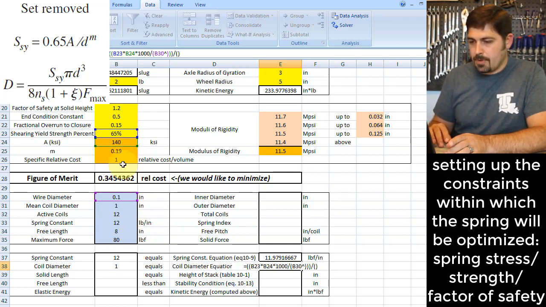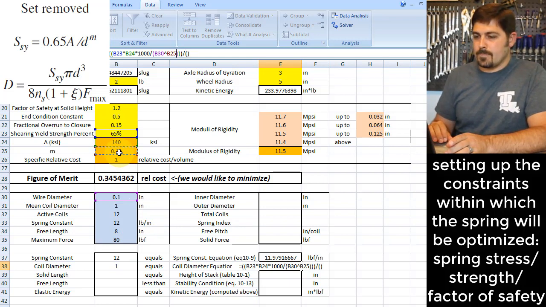The exponent is given right here, that's this m value. So that much should give me the strength value.